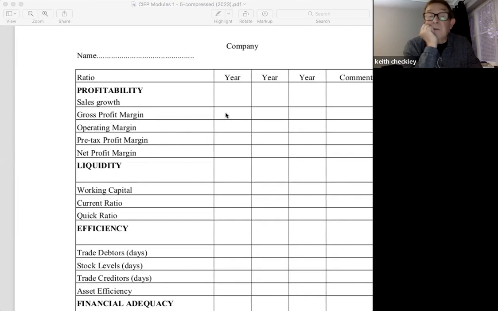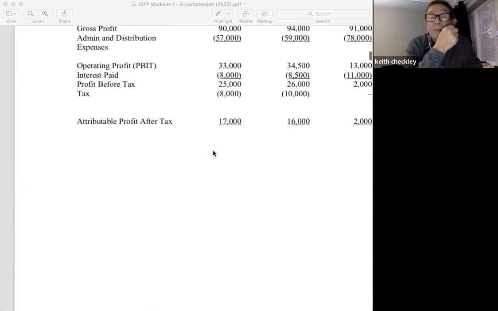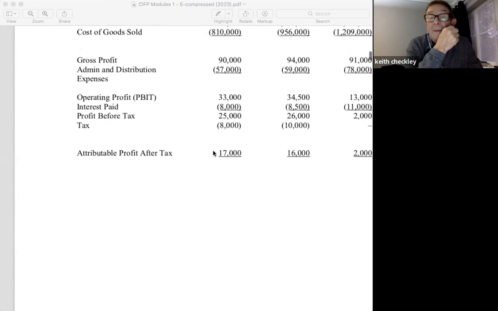So we've got gross profit 10%, operating margin 3.7, pre-tax profit 2.8, and the final one for Saturday morning, the net profit margin, which I asked you to write down, is the net profit bottom line position. Look, there's the bottom line, 17,000.